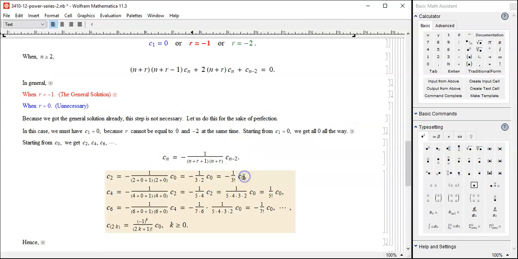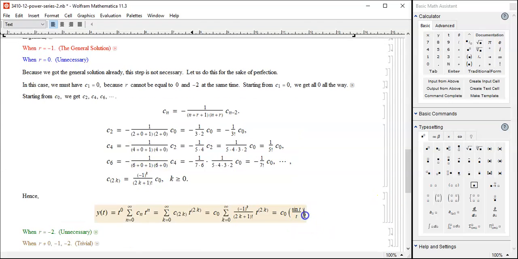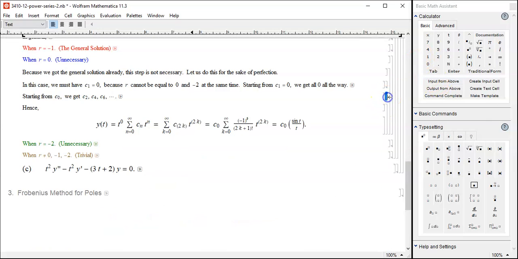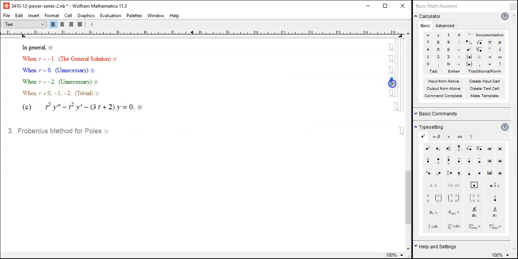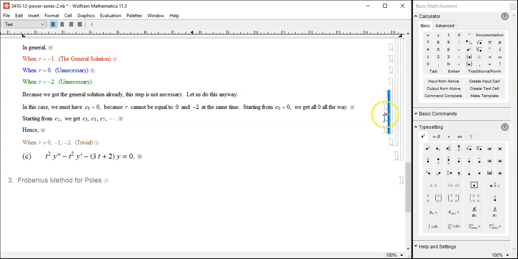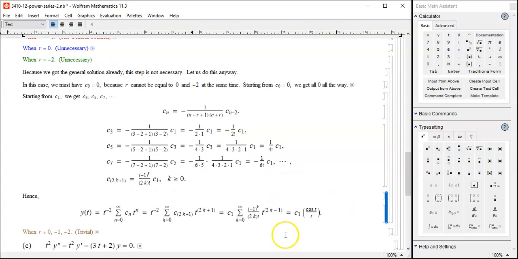Then you're going to get all the odd factorials. And the same thing you got before. And we end up with sine of t over t, the same thing we saw before. If you go to the other case, well, it's not really necessary, but if you actually do it anyway, then you're going to get all the even factorials come alive, so we get cosine of t over t like that.